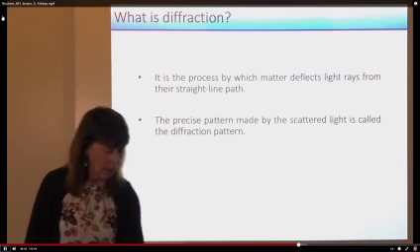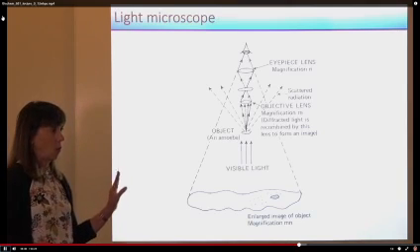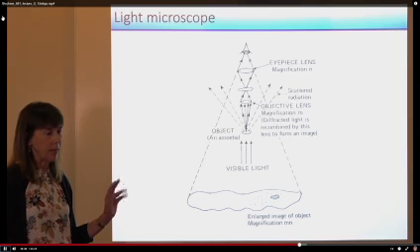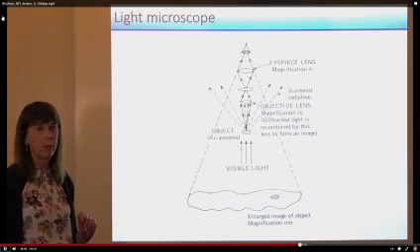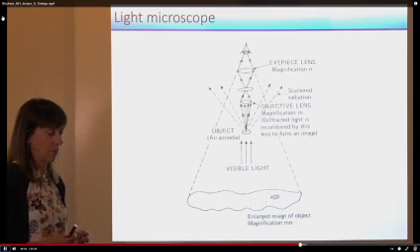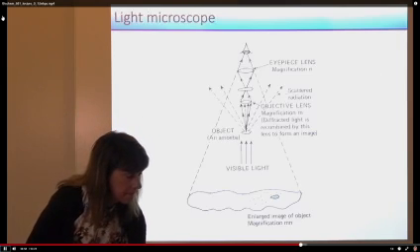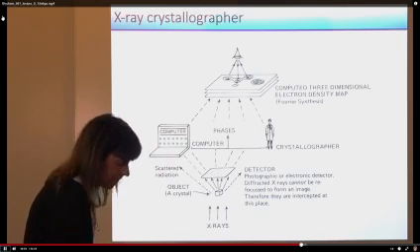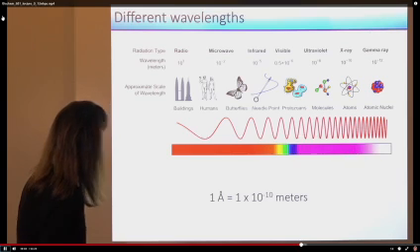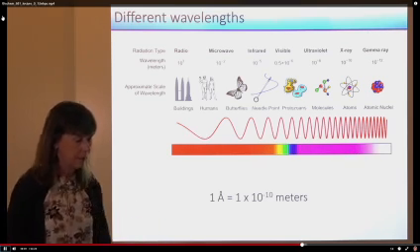Now let's just look at a light microscope. This particular figure is old, and sometime I'm going to have to remake this one. But I think this explains pretty much what's going on. You start off, for example, with an amoeba. If we go back to the slide here, with visible light, we can see something like an amoeba.